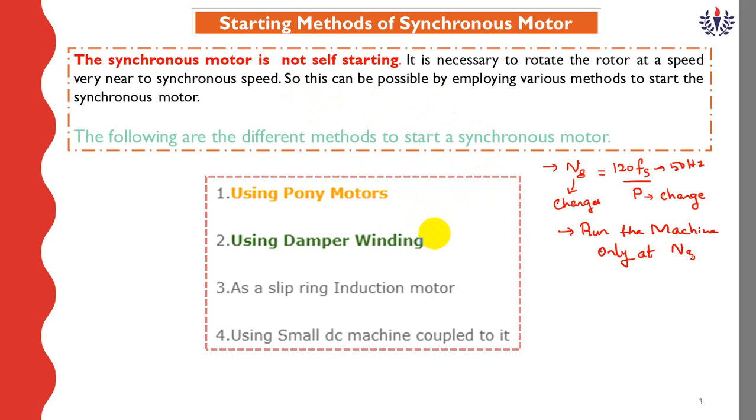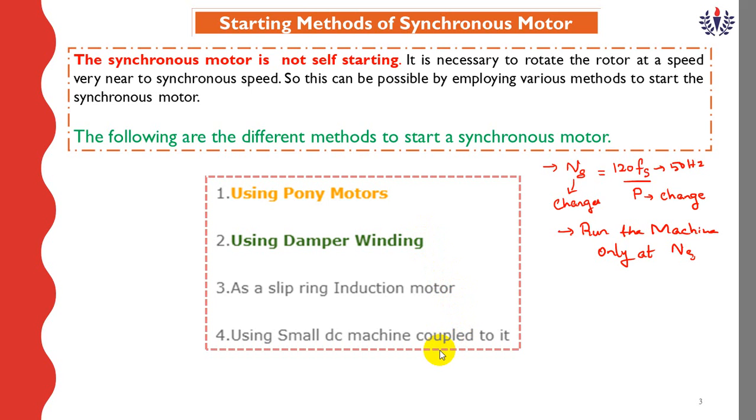Now, to make the motor self-start, there are 4 different methods to start it. The first method is a pony motor. The second method is a damper winding. The third method is a slip ring induction motor.